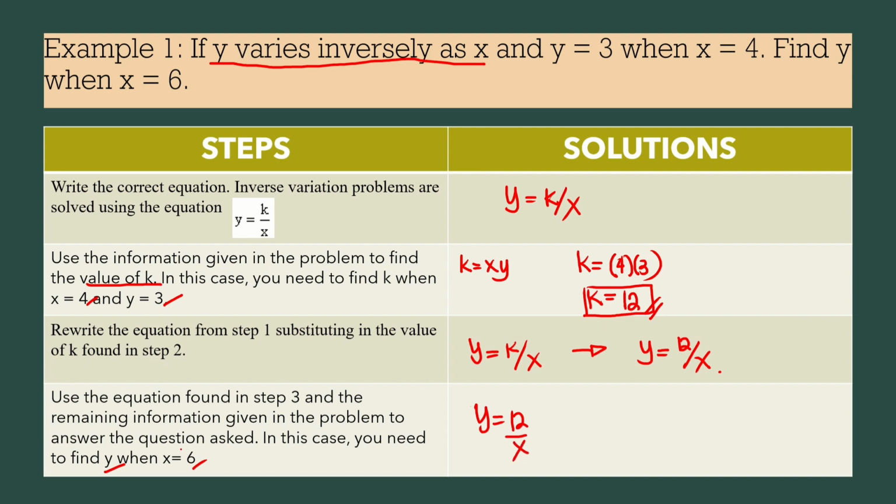Since we're going to solve for y, we simply plug in the value of x, which is equal to 6. So we now have y is equal to 12 all over 6. And what is 12 divided by 6? Y is equal to 2. So this is now our answer. The value of y when x is 6 is equal to 2.